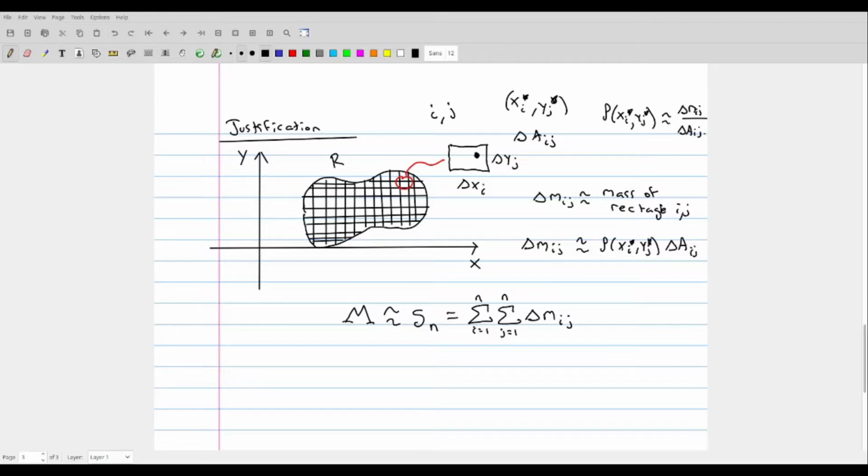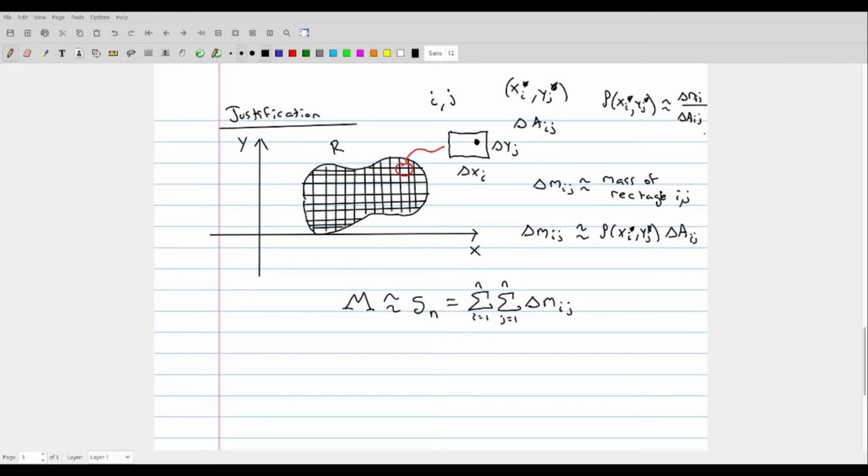Now this is only an approximation, because the actual density is varying throughout the medium, but for small values of delta x and delta y, this gives us a very nice approximation for a nice density function.